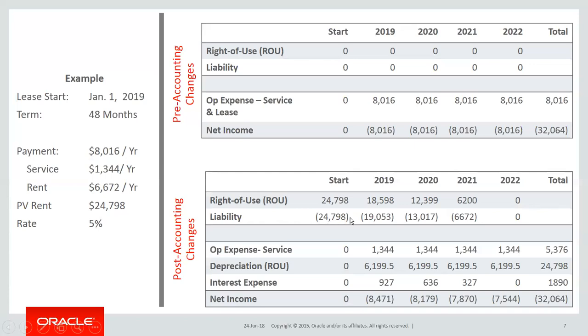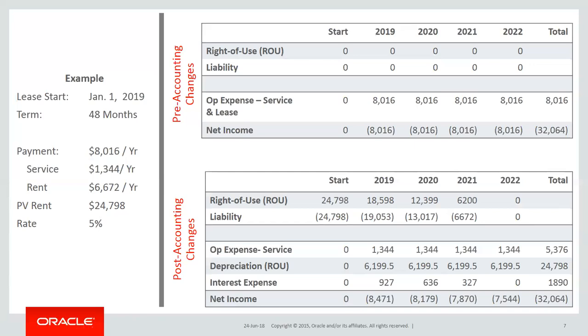You add the interest expenditure every year and you deduct the payment from this liability. Hence, the liability also, through a process of amortization, similar to what we have in ROU, the amortization will bring down the liability down to zero. You add the interest, you deduct the payment, and finally, your liability and ROU are both going to come down to zero by the time the agreement is going to come to an end.